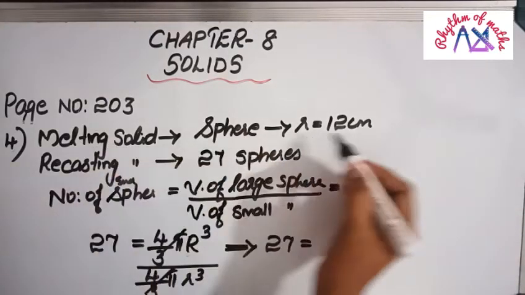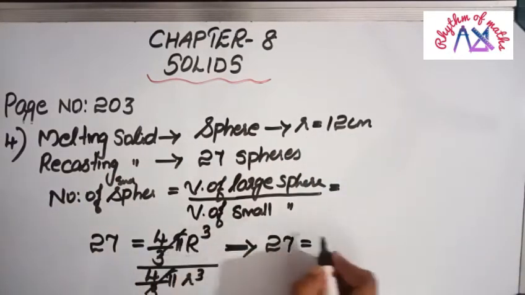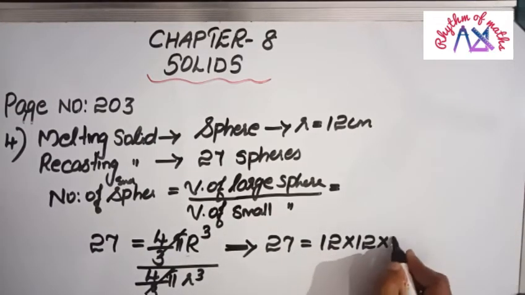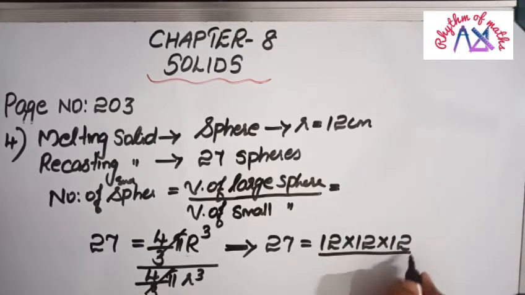The radius of the large sphere we have, that is 12. So R cube means 12 cube, that is 12 into 12 into 12, divided by small r cube, which we don't know. That is the thing we need to find here.